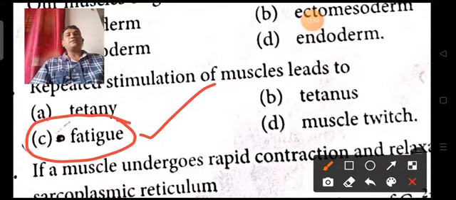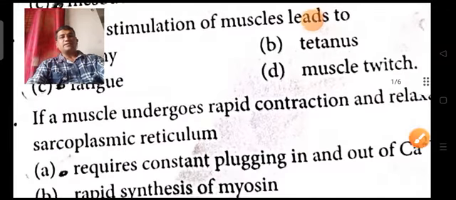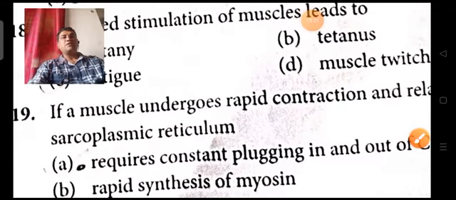Tetany means the muscles, because of rapid spasms, remain in the contracted state. Tetanus is a disease, and tetany is an action state. So the answer is fatigue.